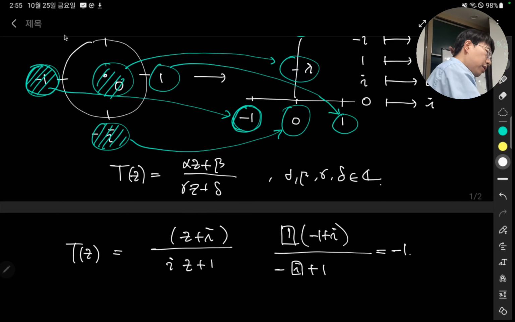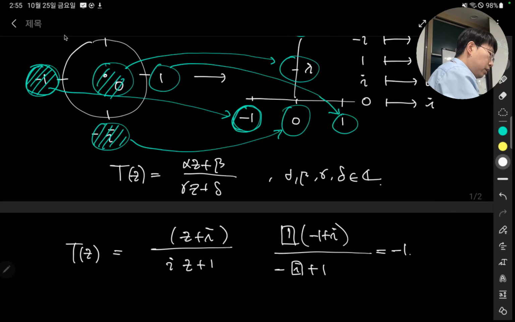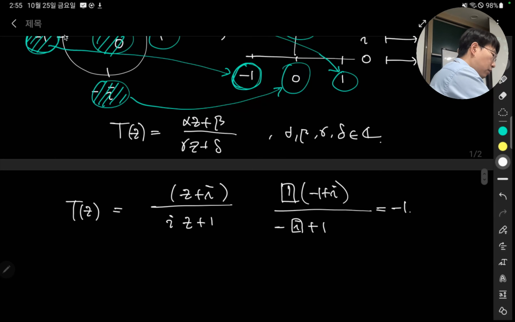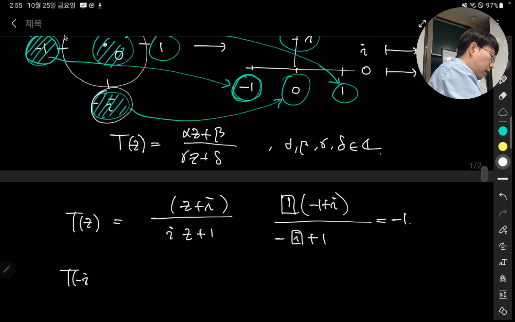So let's check whether it matches our previous tests. If I plug in 0, I get i. That's right. When I plug in -1 here, t of minus i, sorry, is minus i plus i over minus i plus 1.